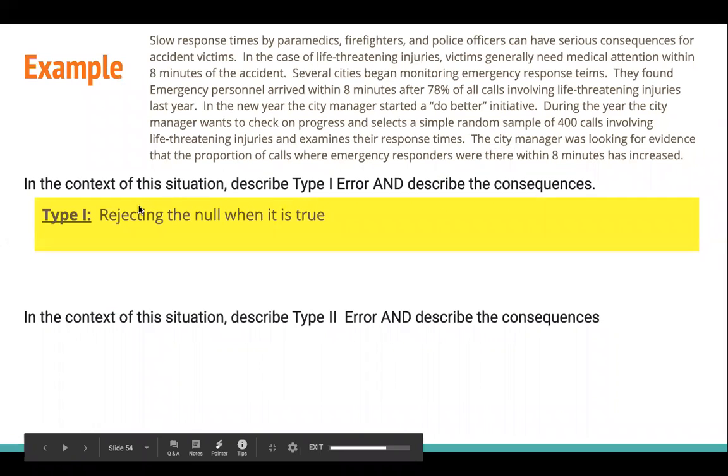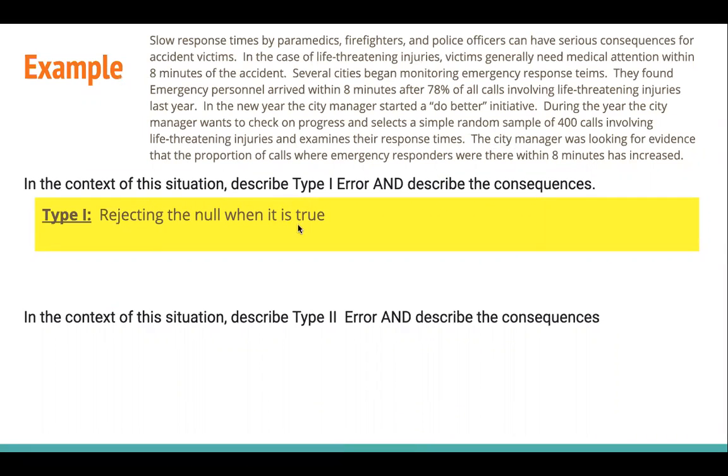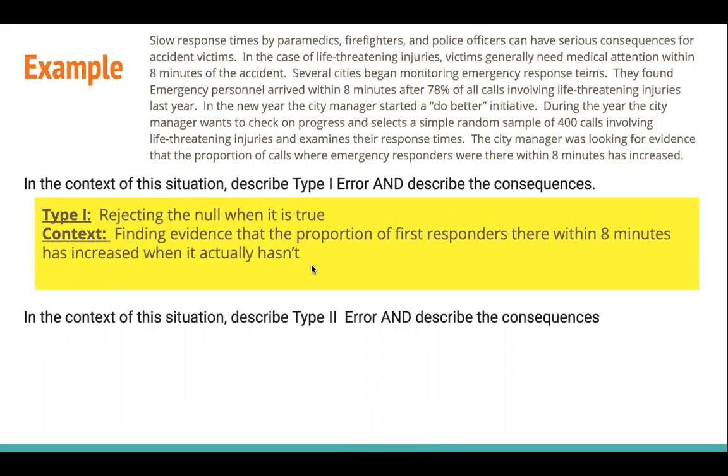Type 1 is when we reject the null when it's true. So there's just that fact. In this context, what that would mean is that they're looking for this increase. That means that they find the evidence that the proportion has increased when in actuality it hasn't.